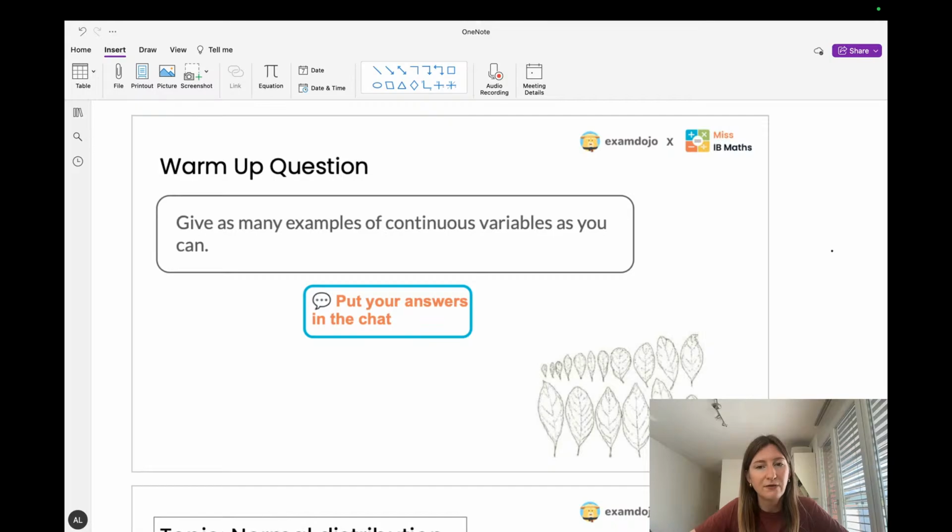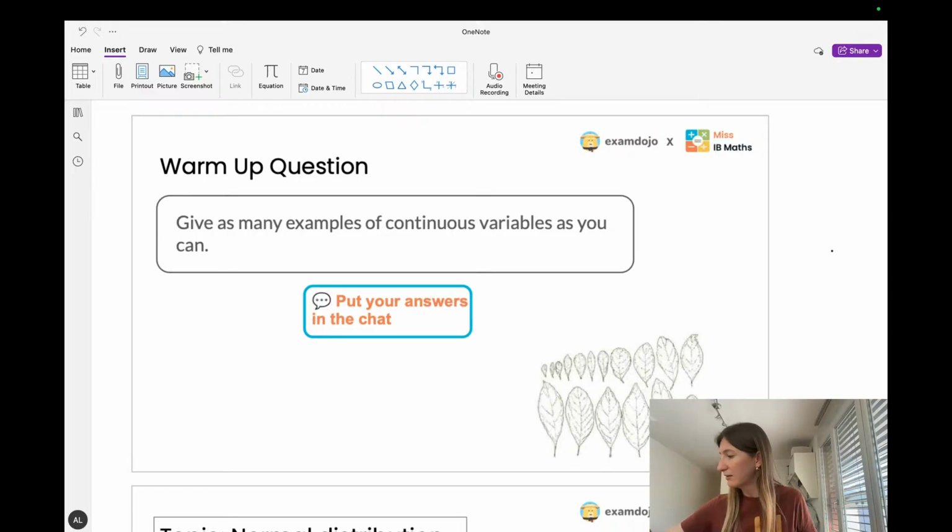So continuous variables, what were those? A hint is that continuous variables have units of measurement attached to them. So if you can say 5 somethings, then that's a pretty good hint that it's a continuous variable. For example, 5 kilometers per hour or 5 centimeters.